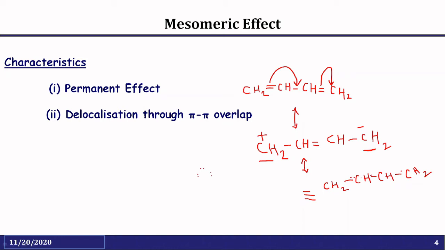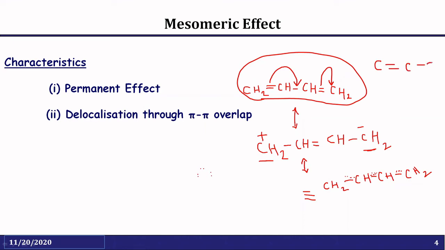This is mostly observed in a conjugated pi system. Conjugated means alternating double and single bonds are present, and then we can expect this kind of resonance effect. Sometimes the double bonded carbon will be attached to a heteroatom like oxygen or nitrogen, which has a lone pair.